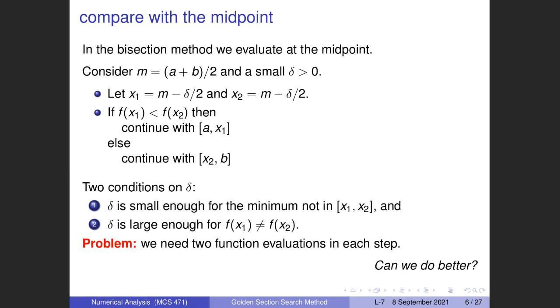Well, here, like the bisection method, we actually have a midpoint. But if you would do this with a root finding problem, we would do the derivative at the midpoint. So in a way, you could see this idea also as doing the root finding problem.